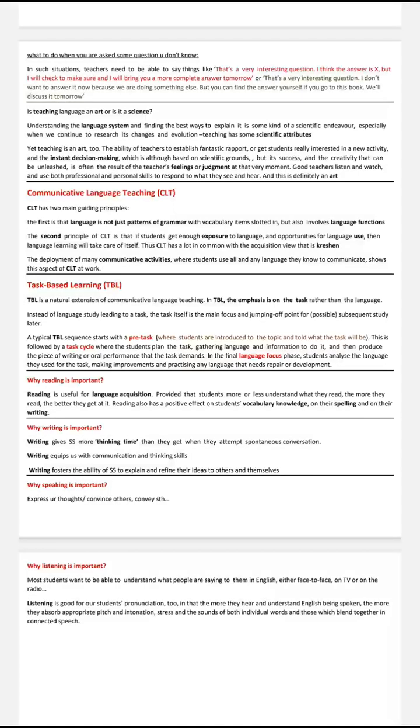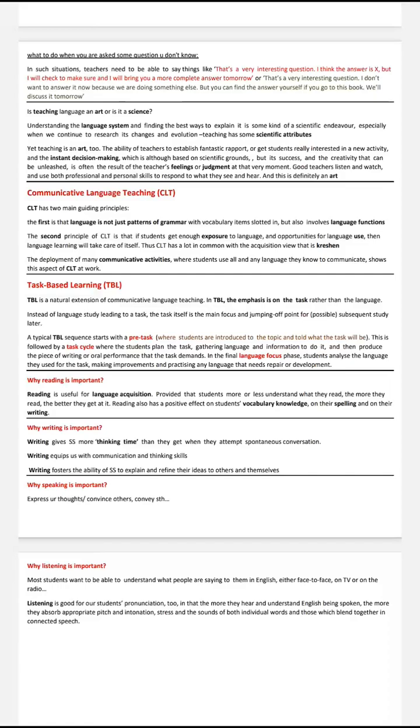Communicative language teaching. Communicative language teaching has two main guiding principles. The first is that language is not just patterns of grammar with vocabulary and idioms slotted in, but also involves language functions.